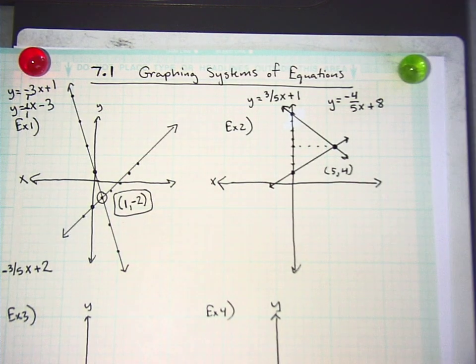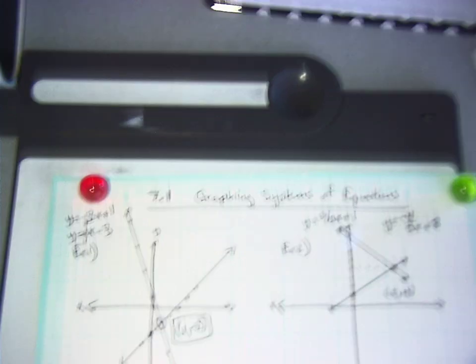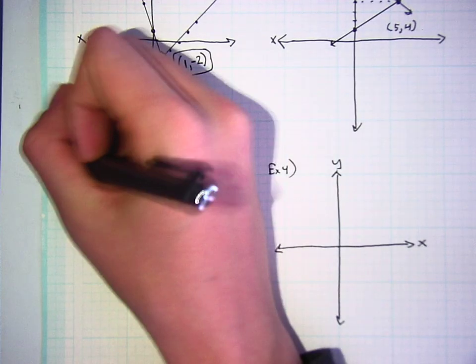Okay, and then can you write the equation next to it? What was it, y equals 1/5 x plus 2?